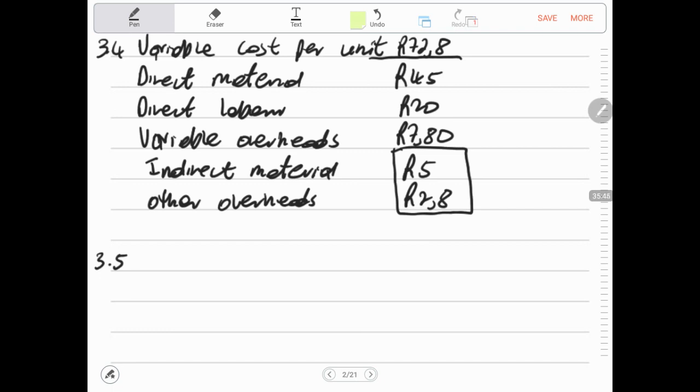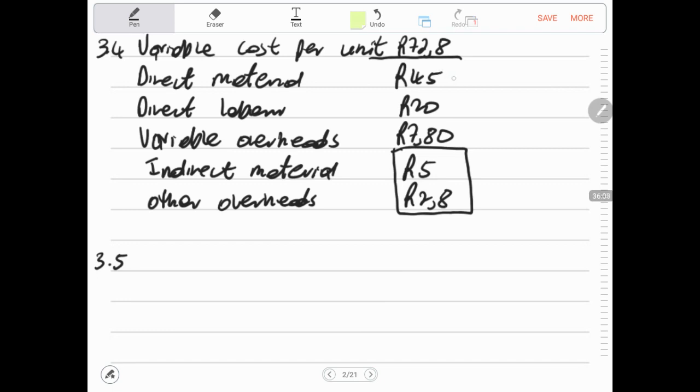Now, these are the variable cost. Remember now that variable cost per unit remains constant, or variable cost per unit are fixed, but in total they change as the level of activity changes. Maybe in the next question I will be covering all of that.